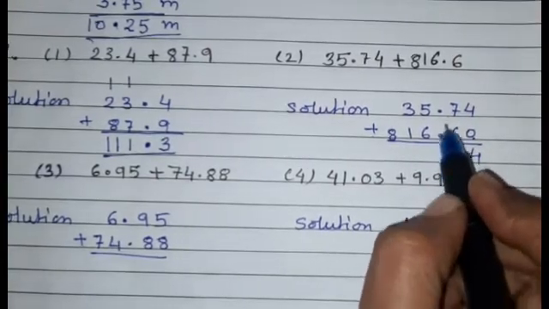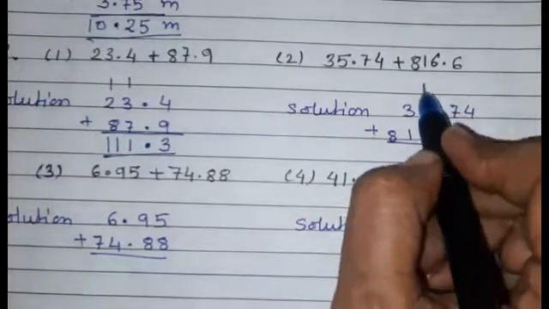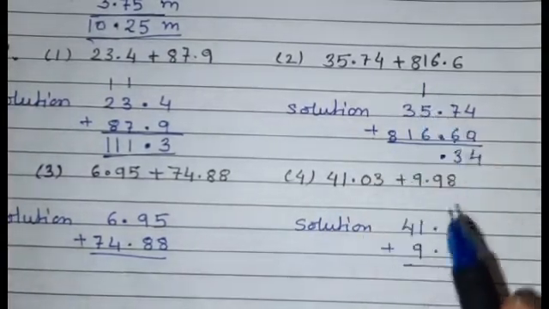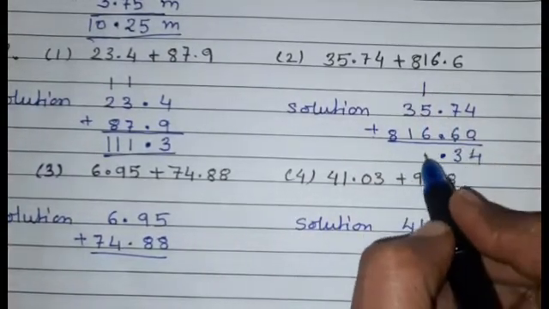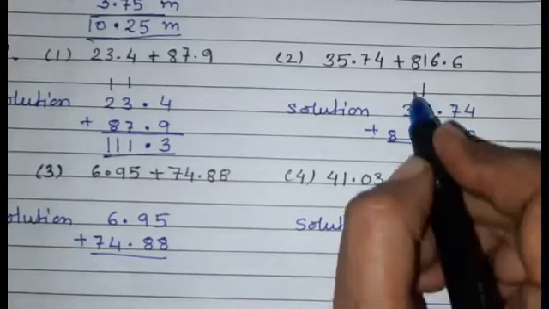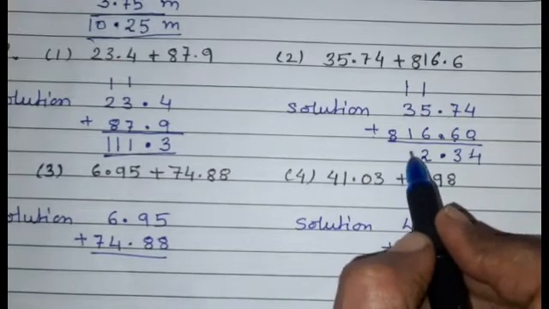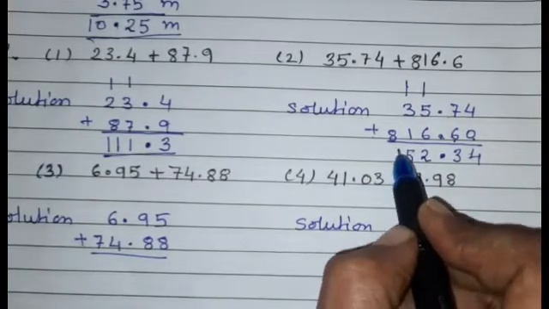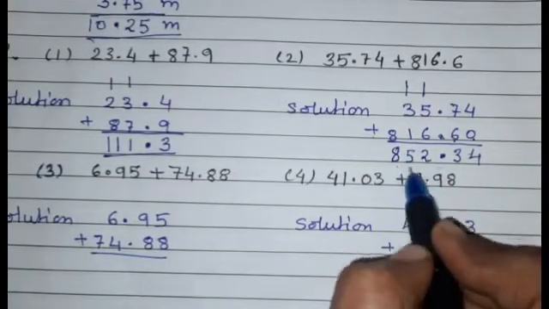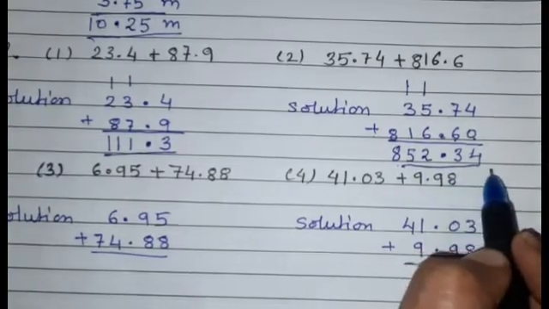So write 3, point as it is and carried 1. 5 plus 1 is 6. 6 plus 6 is 12. So write here 2 and carried 1. 3 plus 1 is 4, plus 1 is 5. Now 8 write as it is. Answer is 852.34.